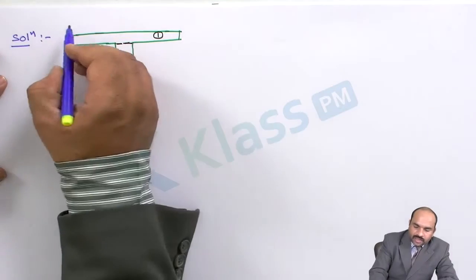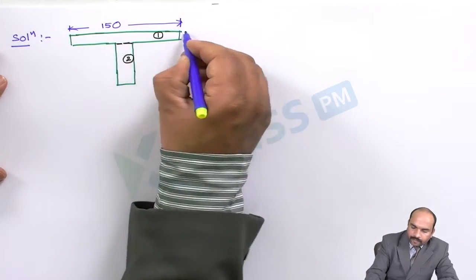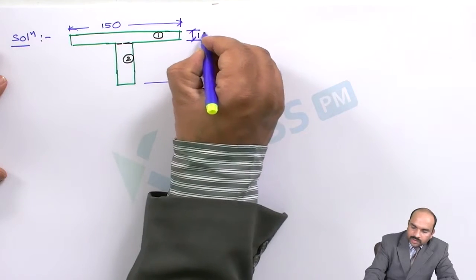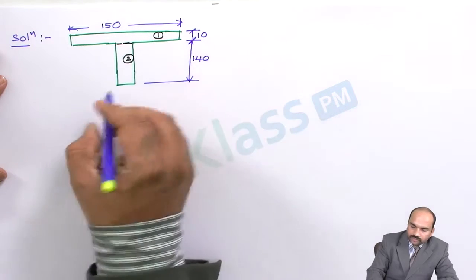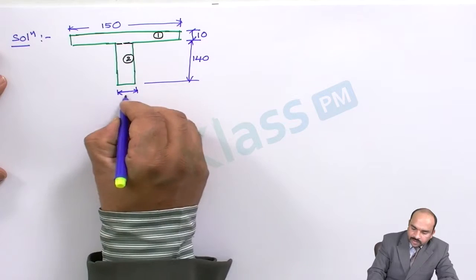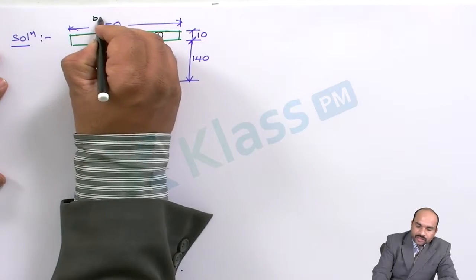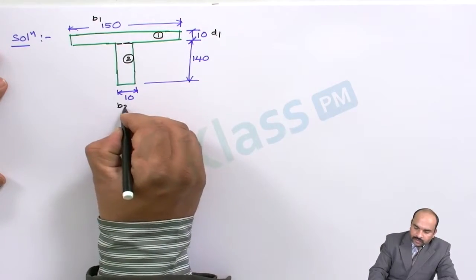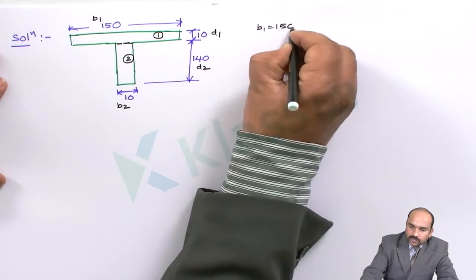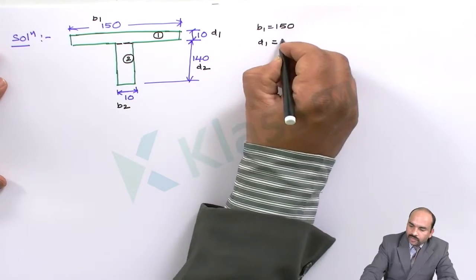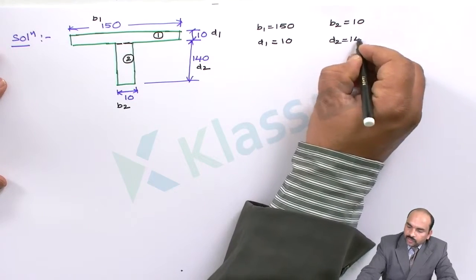Now the dimensions given: this dimension is 150, this is 10 mm, and this is 140, this dimension is 10. So the dimensions are B1 is 150, D1 is 10, B2 is 10, D2 is 140.